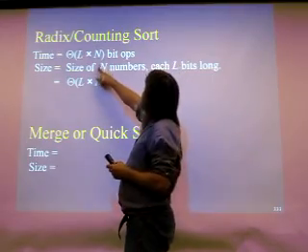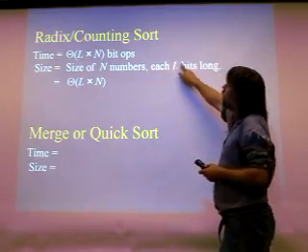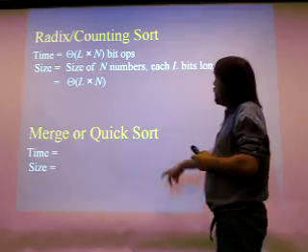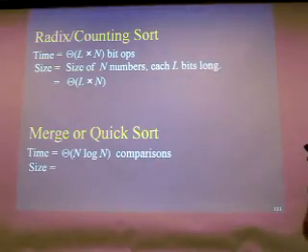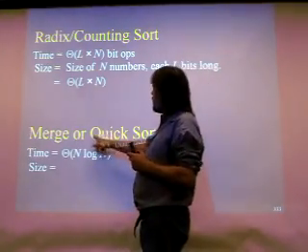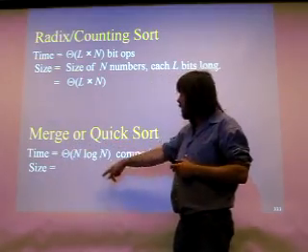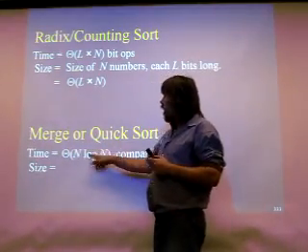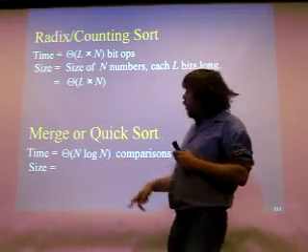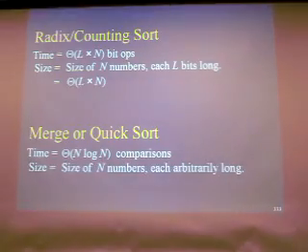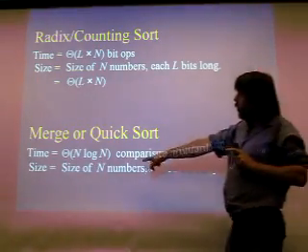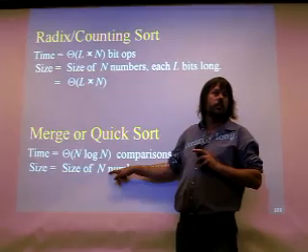Here we're sorting n numbers, each with L bits, and we're saying that the running time of merge sort is n log n, where n is the number of numbers.